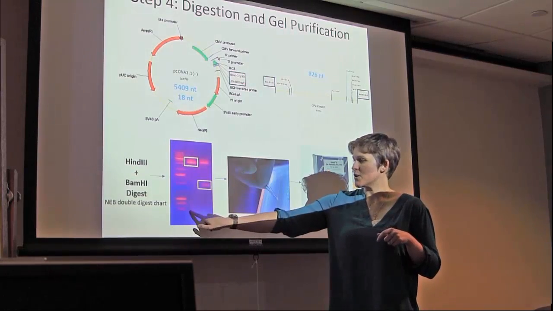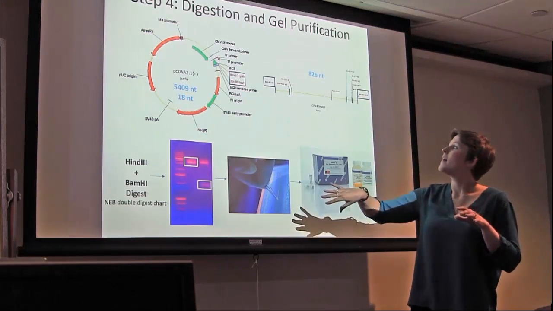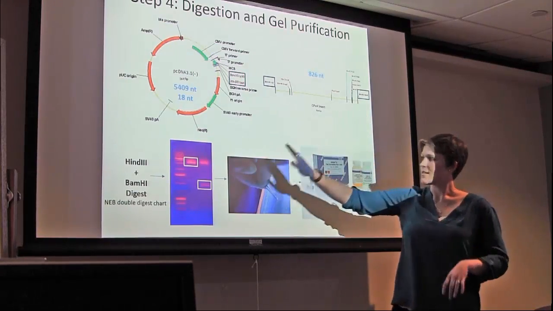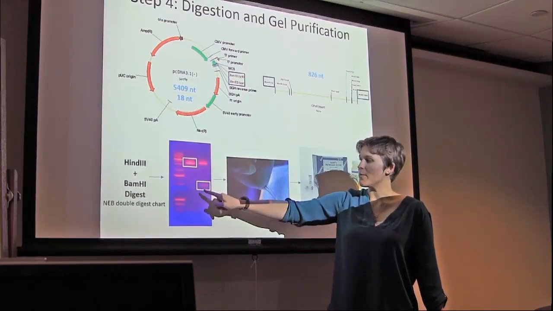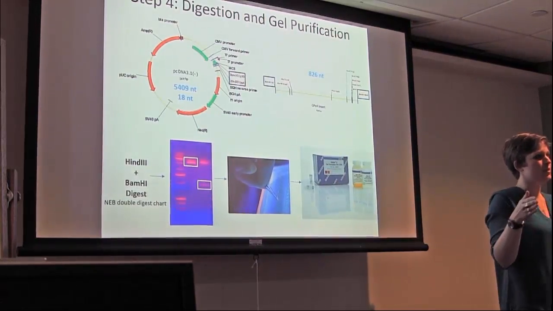And then you have this really small band, and that's from the part that was cut out that you do not want to keep. Same thing with the insert. You're going to have a certain size. So in this case, it's 826 nucleotides.